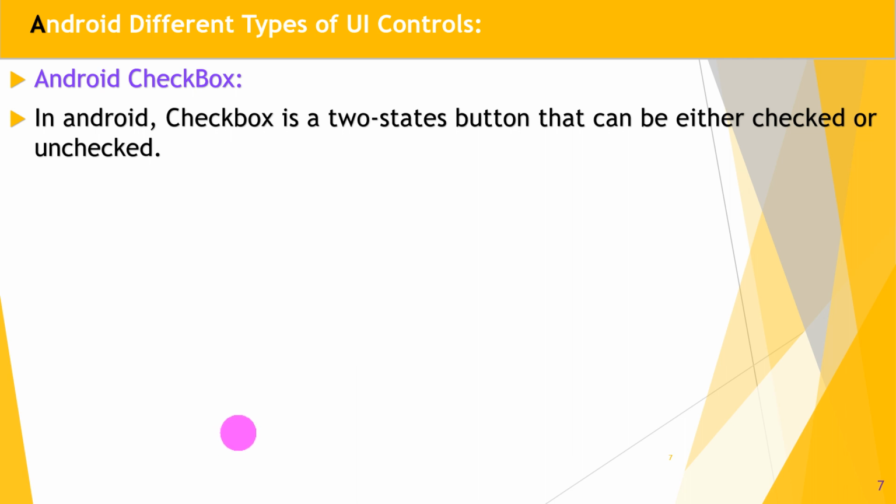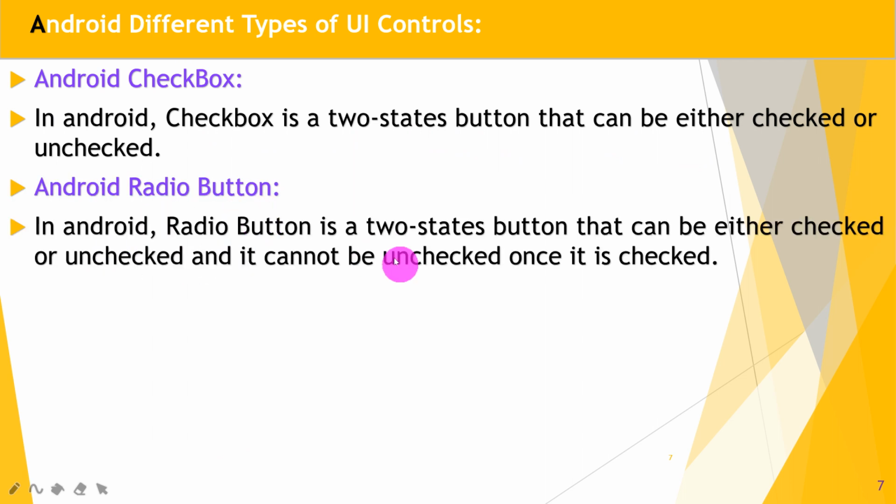Great. So, Android checkbox. In Android, checkbox is a two-state button that can be either checked or unchecked. Android radio button. In Android, radio button is also a two-state button that can be either checked or unchecked, and it cannot be unchecked once it is checked. So this is the difference between checkbox and radio button. Another one is the Android radio group control.